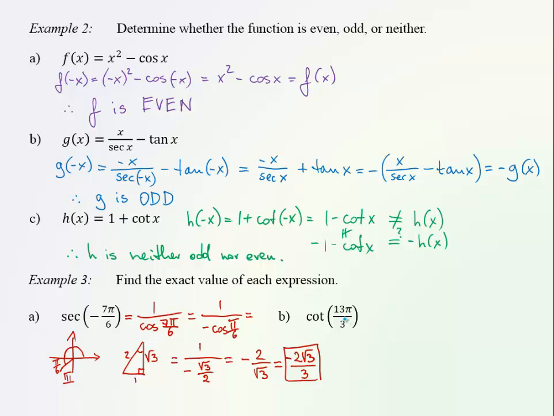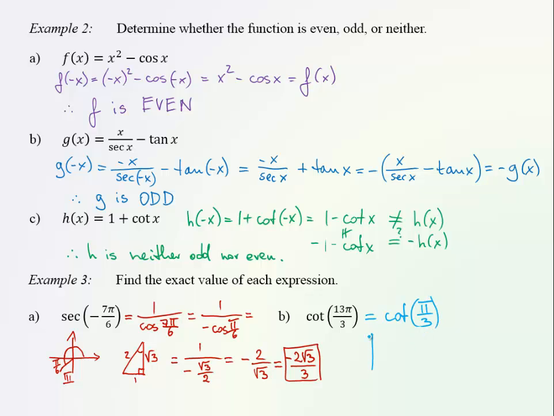And finally, cotangent of 13 pi over 3. Well, 13 thirds is like 4 and 1/3. But 4 pi we can get rid of at once because cotangent has a period of pi. So any multiple of pi can be actually forgotten. And we can rewrite this as cotangent of pi over 3.